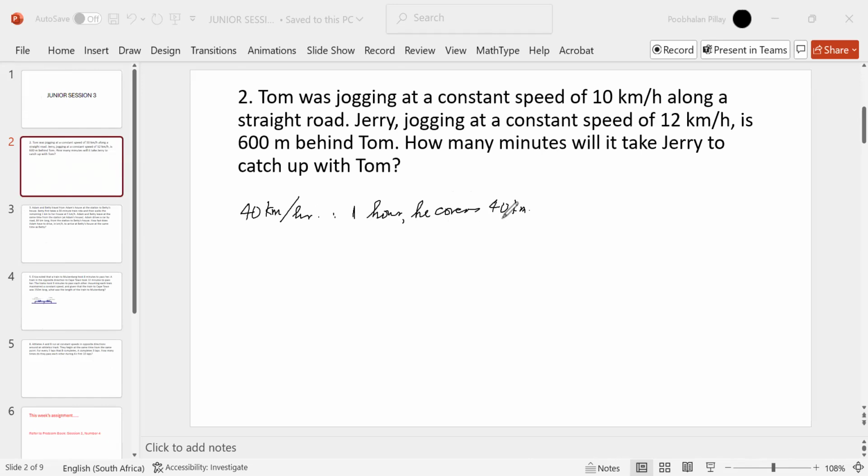So this here is your speed. So in 5 hours, he will cover 5 times 40.